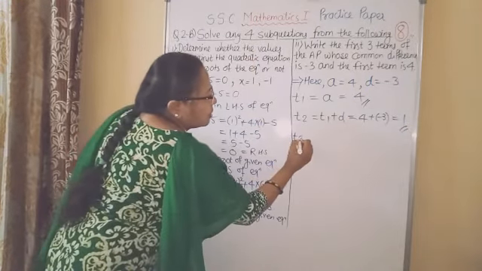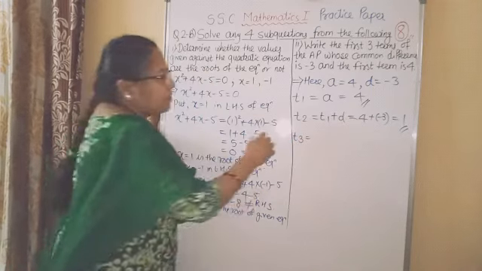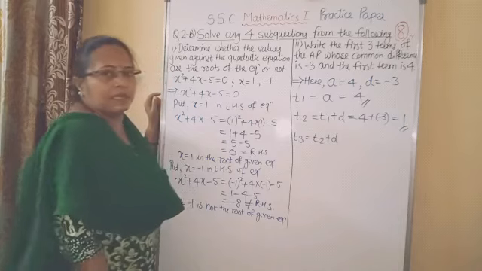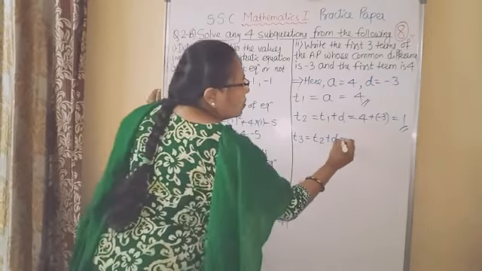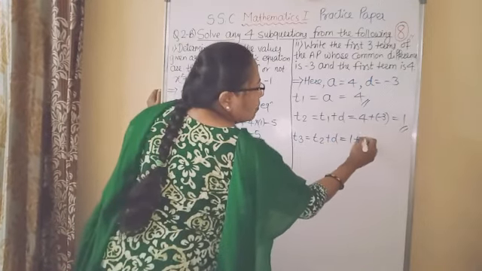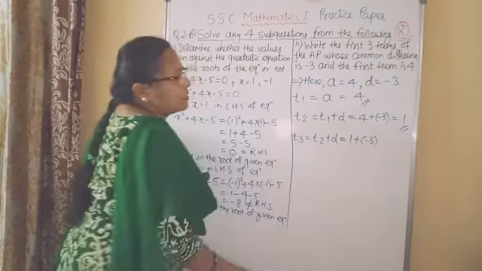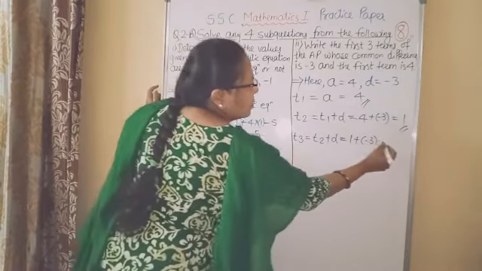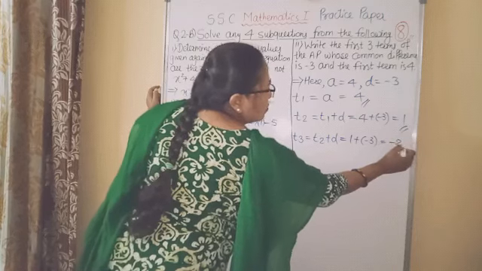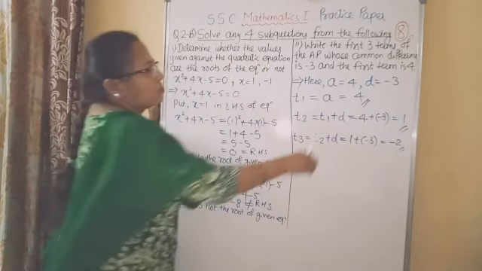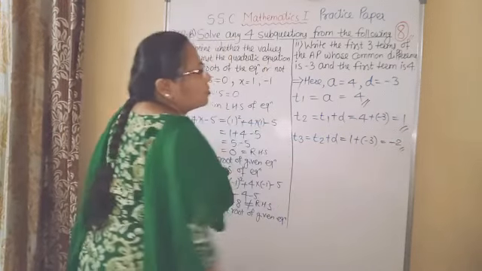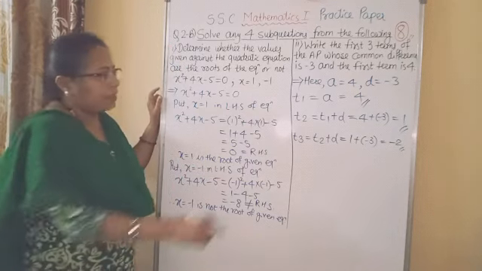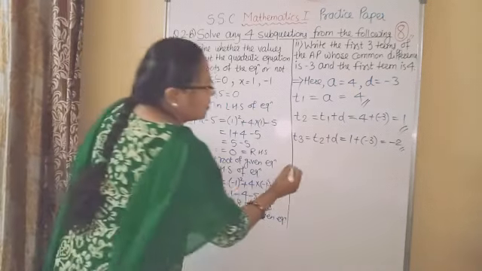Now the third term, T3. Its previous term is T2, to which we have to add D. T2 is 1 plus D is -3. Plus minus is minus, so 1 minus 3 is minus 2. So 4, 1 and -2 are the first 3 terms of the given AP. That answer we have to write here.